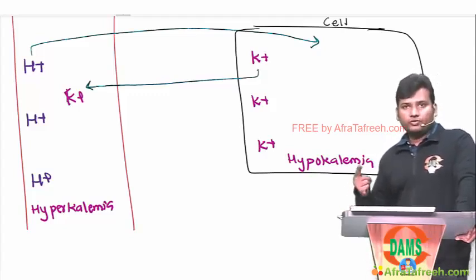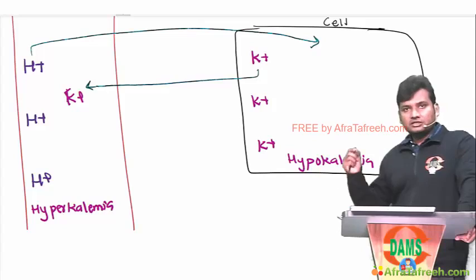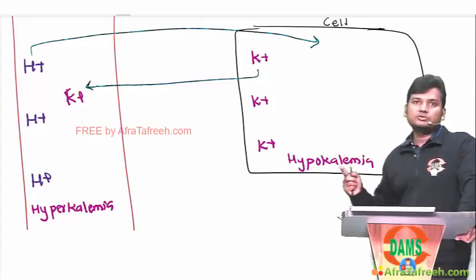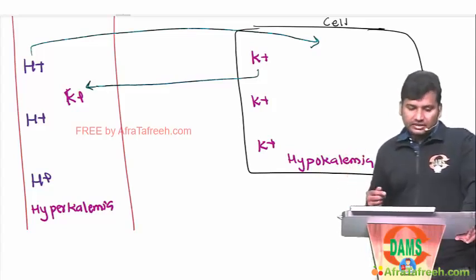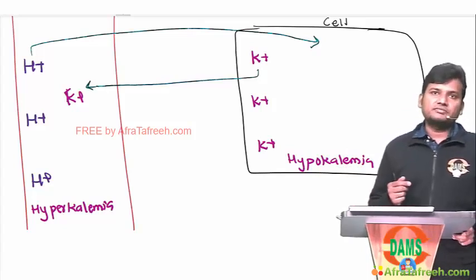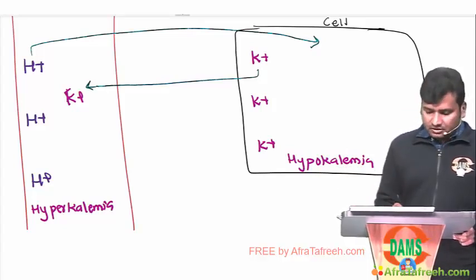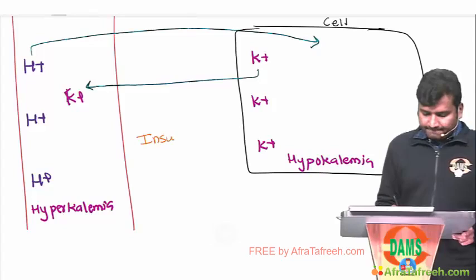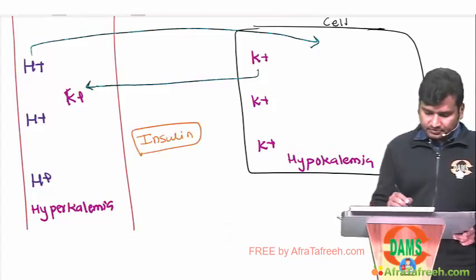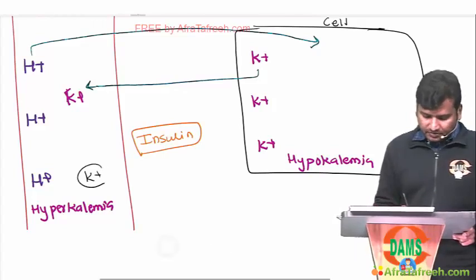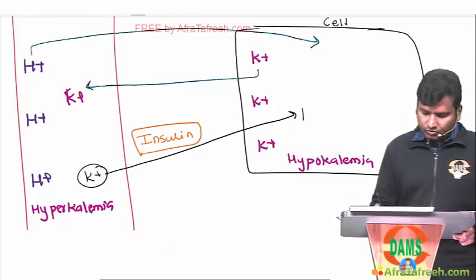Now here one point is very important. What is the relation of insulin with potassium? Relation of insulin with potassium is that insulin shifts potassium from blood to cell.